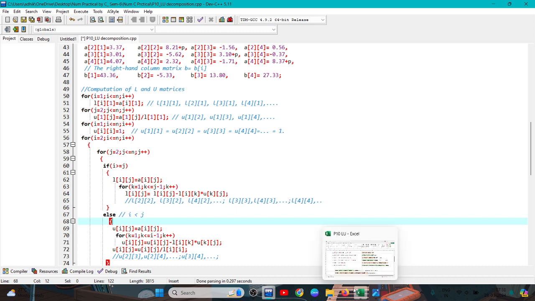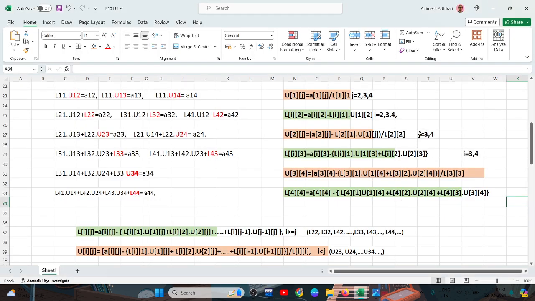So L22 equal to A22 minus L21 U12. You get these elements first for this loop.